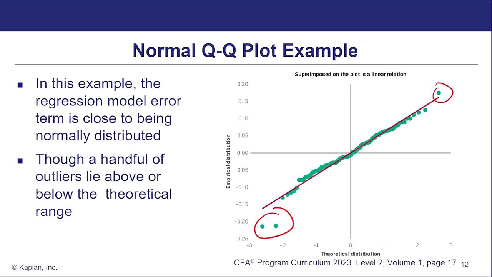Remember, under a normal distribution, 90% of the distribution is within plus or minus 1.65 standard deviations, and 95% is within plus or minus 1.96. That's your standard normal distribution, the z values, if you remember.